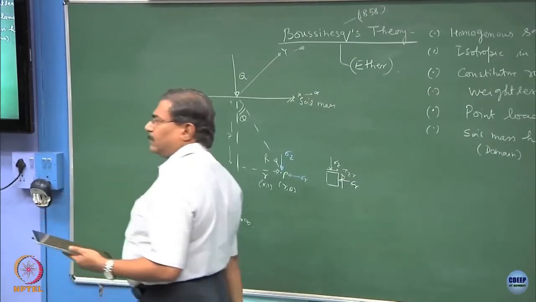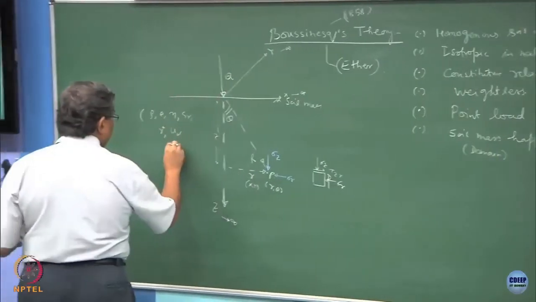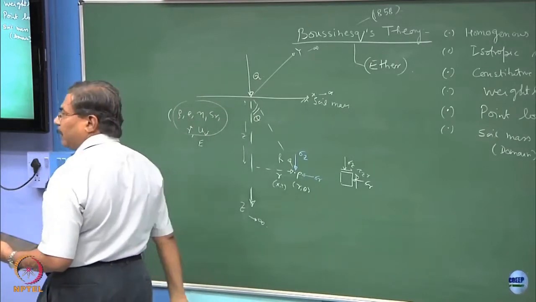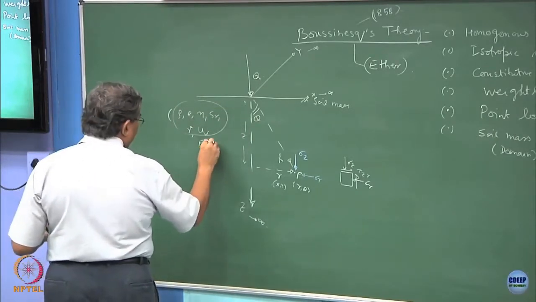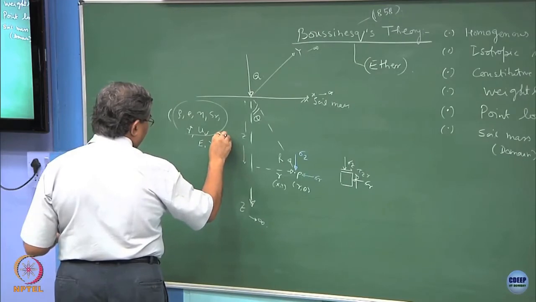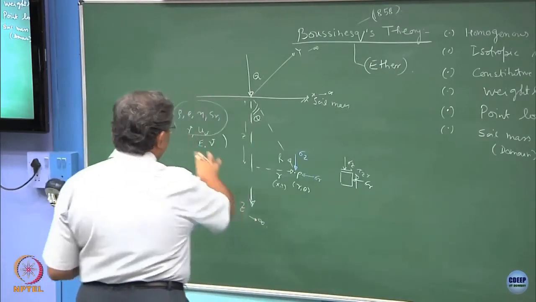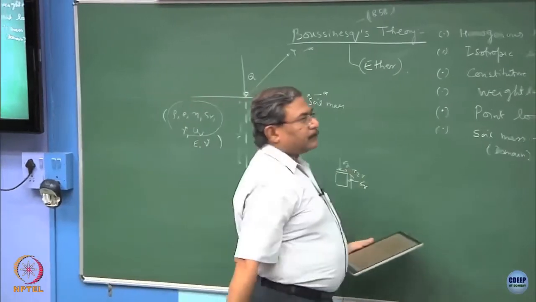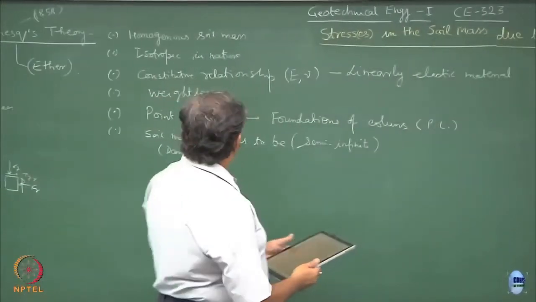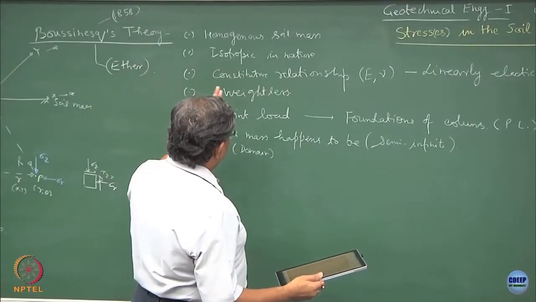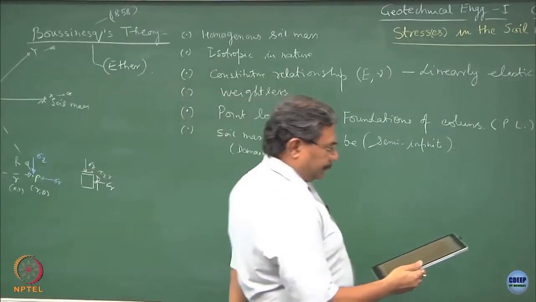What else? Poisson's ratio, engineering properties. These are the fundamental properties, bulk properties. Engineering properties are elastic modulus and Poisson's ratio. So, these are the soil properties, none of them appear in this expression, because the way the Boussinesq theory has been derived, this is for weightless material, alright.